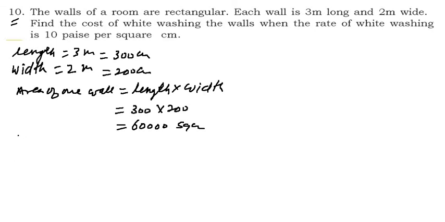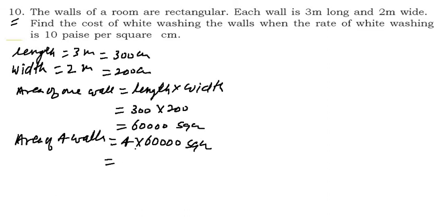Now area of 4 walls, that is 4 into 60,000 square centimeter. Now that is 240,000 square centimeter.